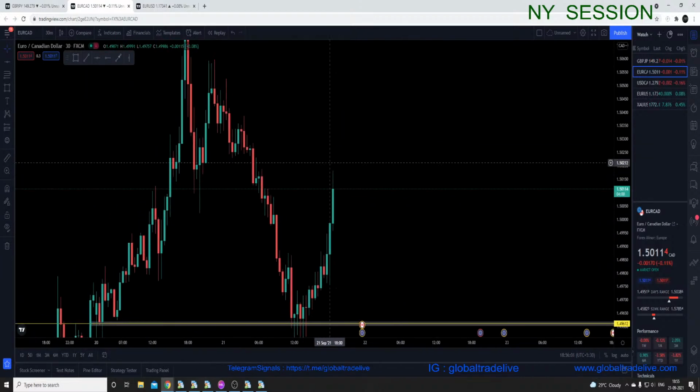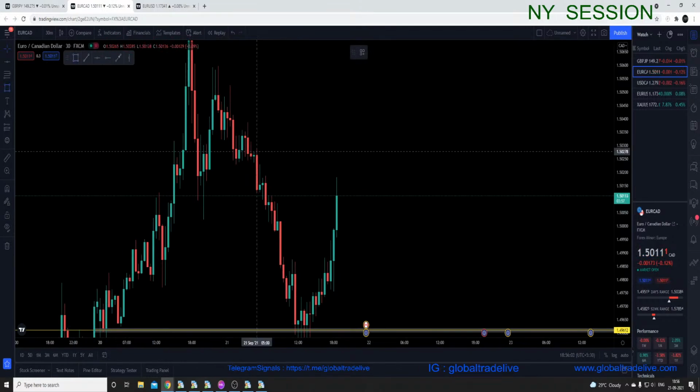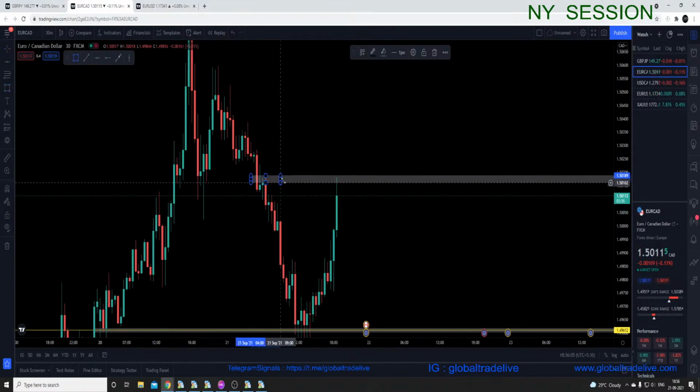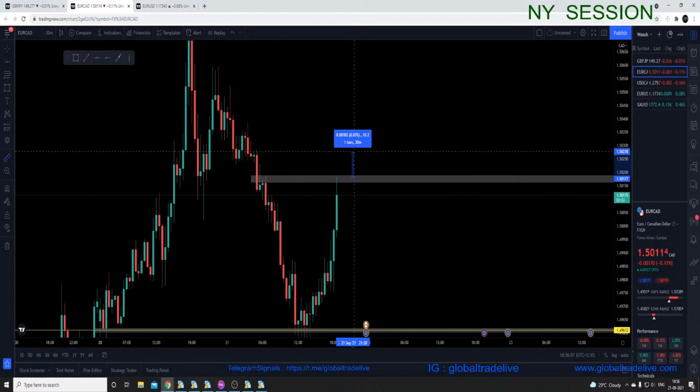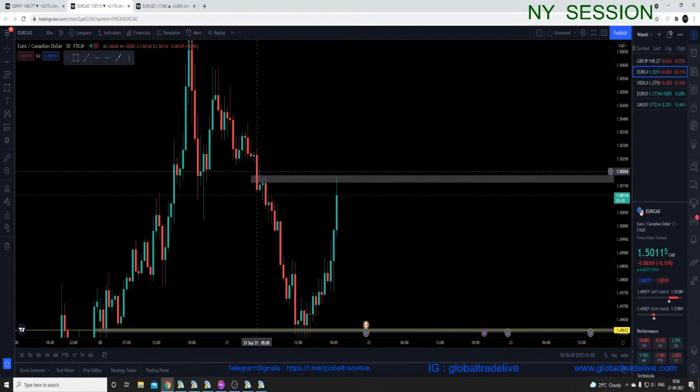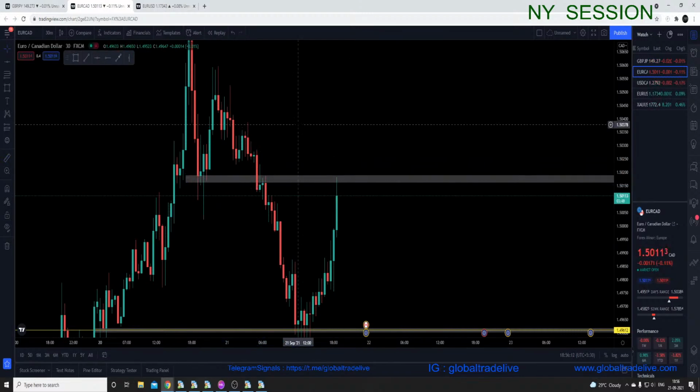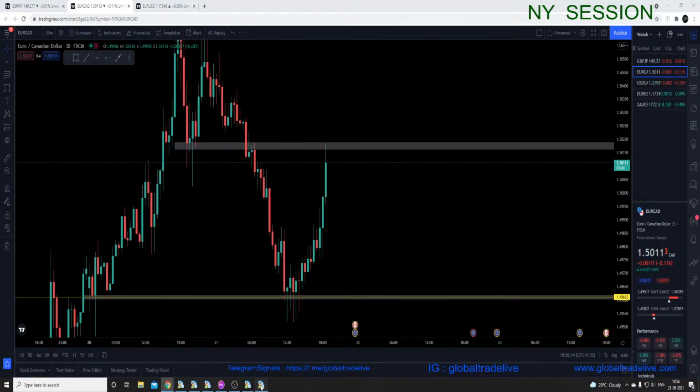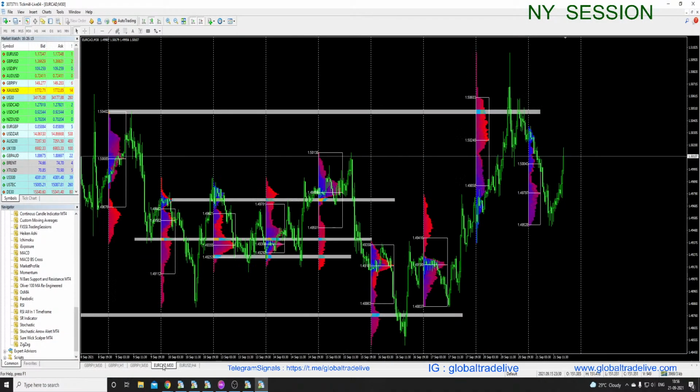And if we talk about buys over here, then let's see. But the thing is, there is no perfect range at this point. Let's check higher time frames.